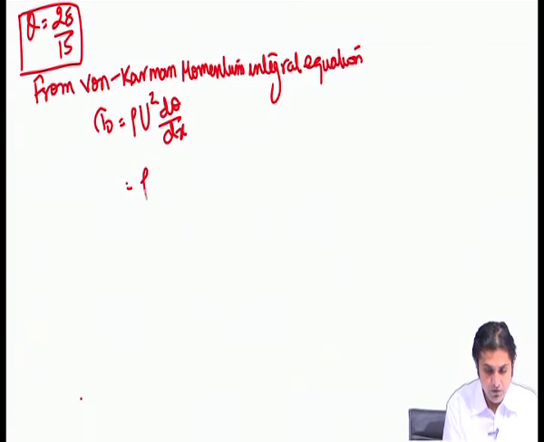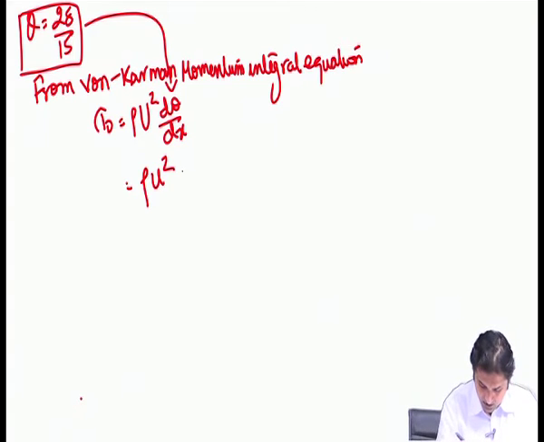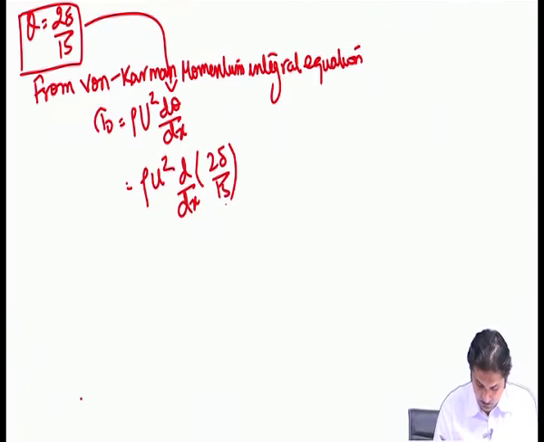So rho U square, and we put theta as here, d dx of 2 delta by 15.